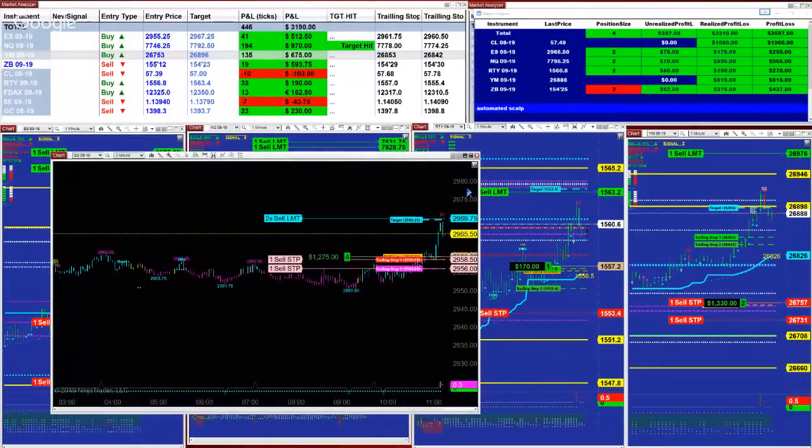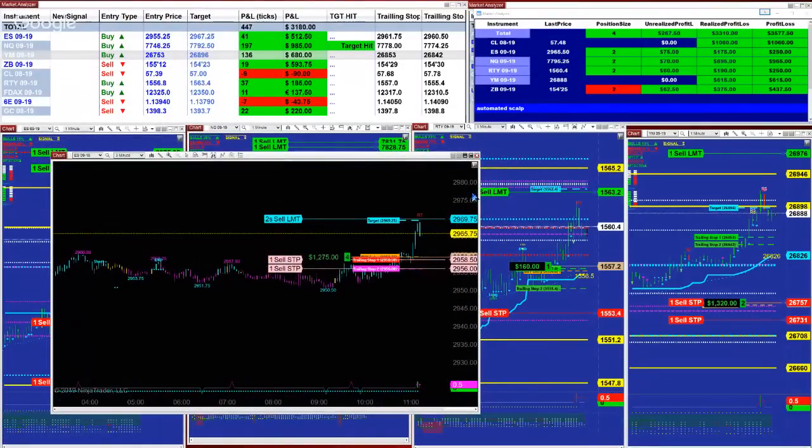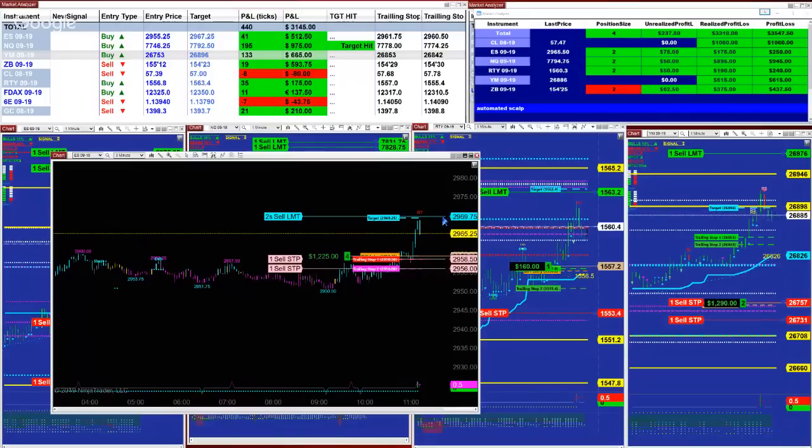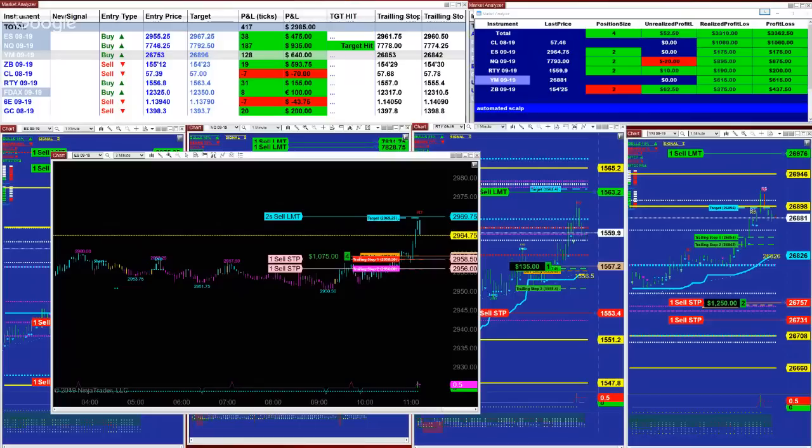This is the fully automated on the ES. As you see, the target was done at 29.6975 because this one is a 3 minutes, and we missed that trade by one tick as well.